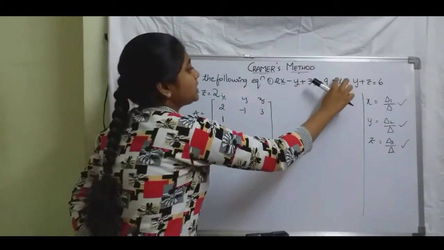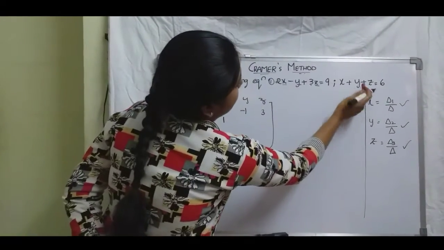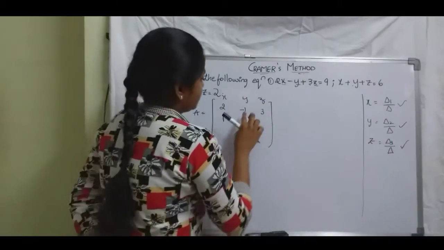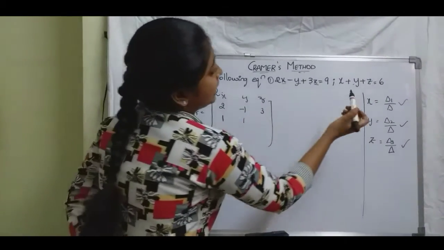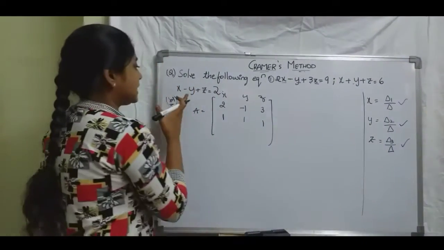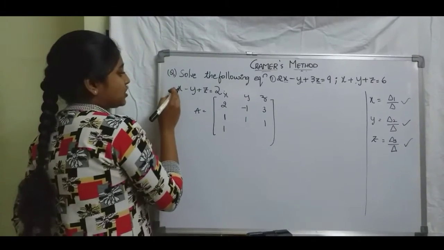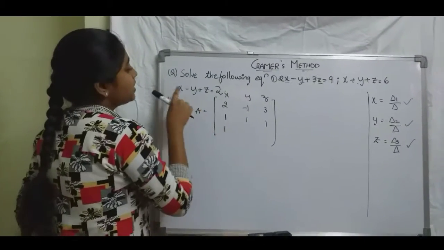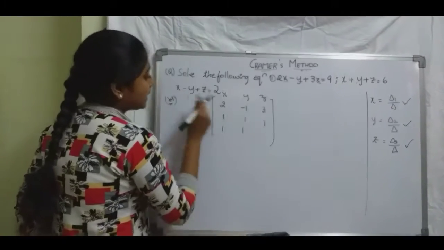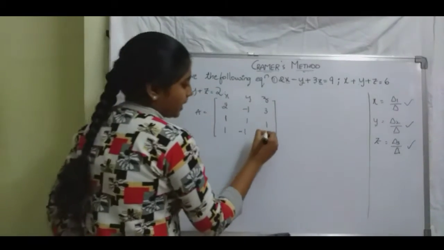So here it is 1, y is also 1, and z is also 1. In the third equation, x is 1, there is no coefficient for y but there is a negative sign, so it is minus 1, and z is 1 again.